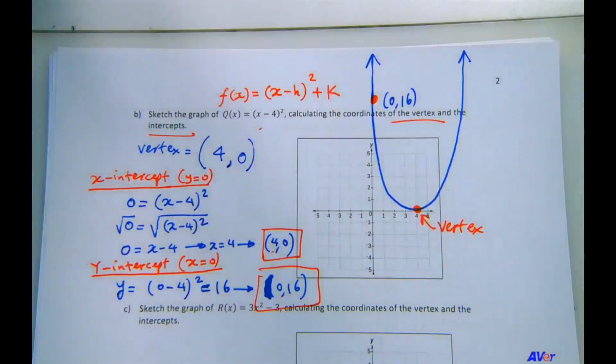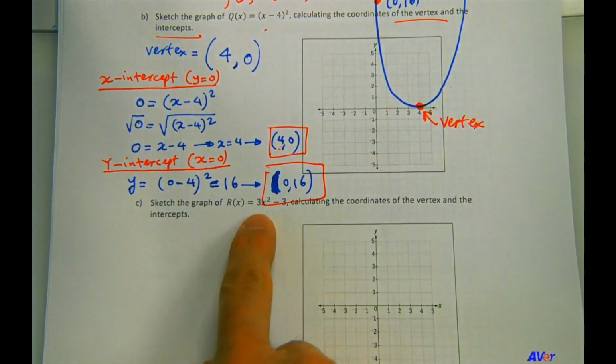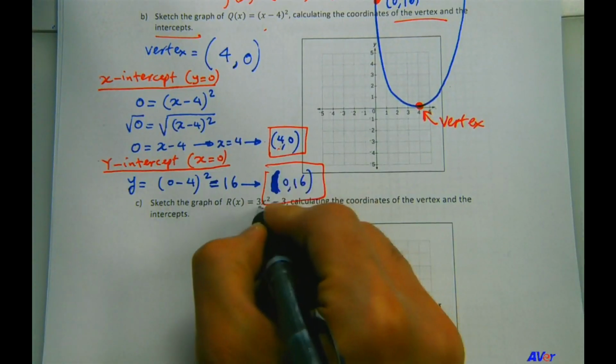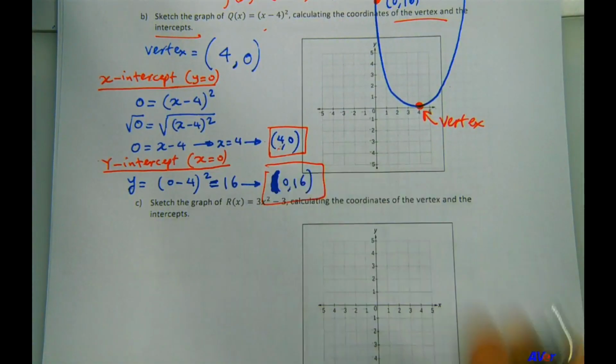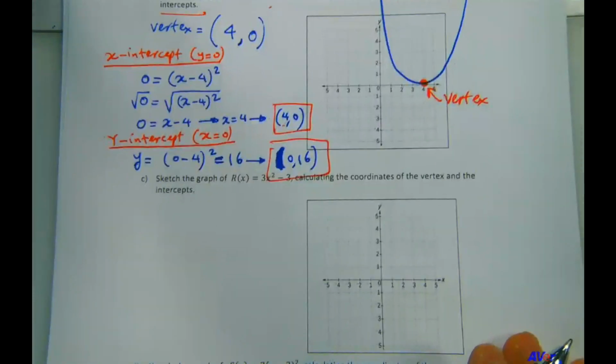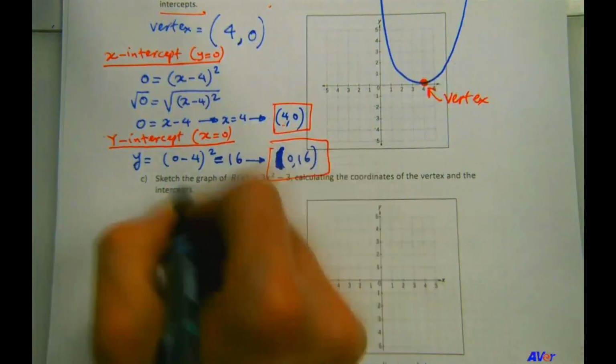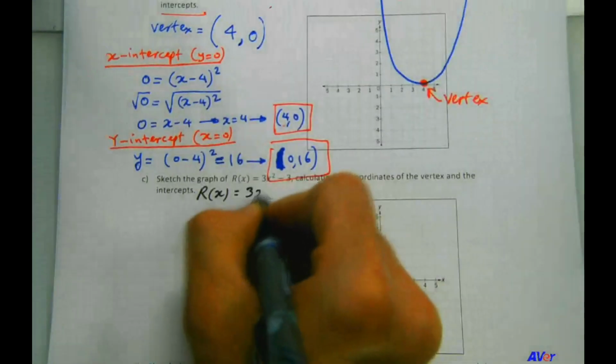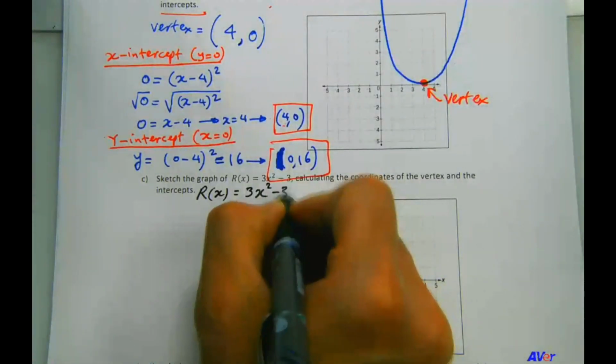Okay, so the next function, and I almost covered it there, my apologies, this is 3x squared minus 3. So let me make that clear. I'll just write it here. R of x is equal to 3x squared minus 3.